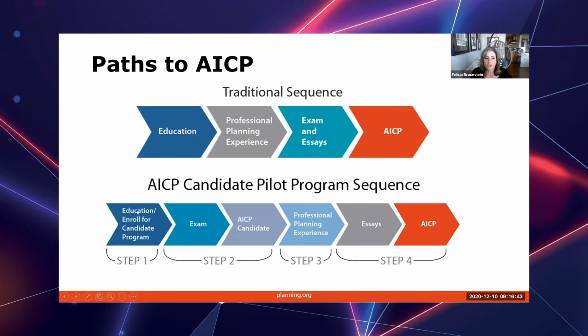What it allows you to do is start the path to certification early. You can enroll in the program even when you're just a student. Once you graduate, you take the exam. So you're able to start becoming AICP before you begin earning your professional planning experience. When you pass the exam, you become what we call an AICP candidate, and you're able to use that designation on your resume and various places.